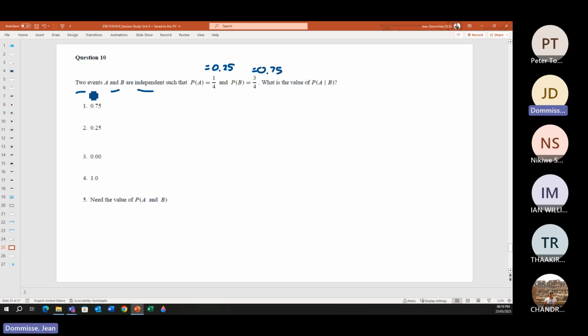Okay, so they tell us the two events are independent. So if the two events are independent, we know that the probability of A and B should be equal to 0.25 times 0.75.